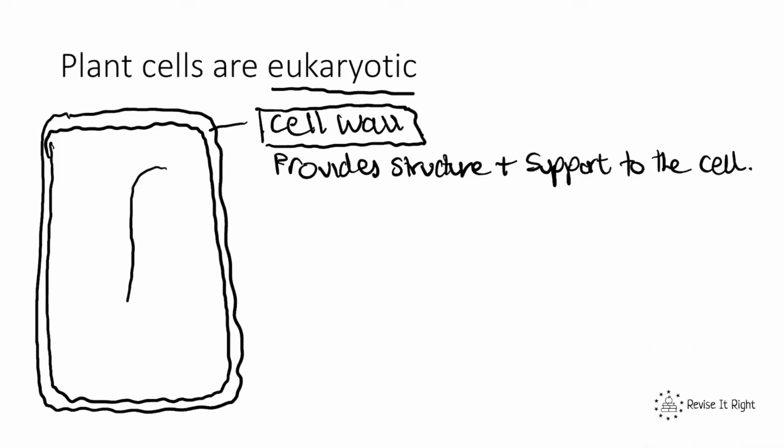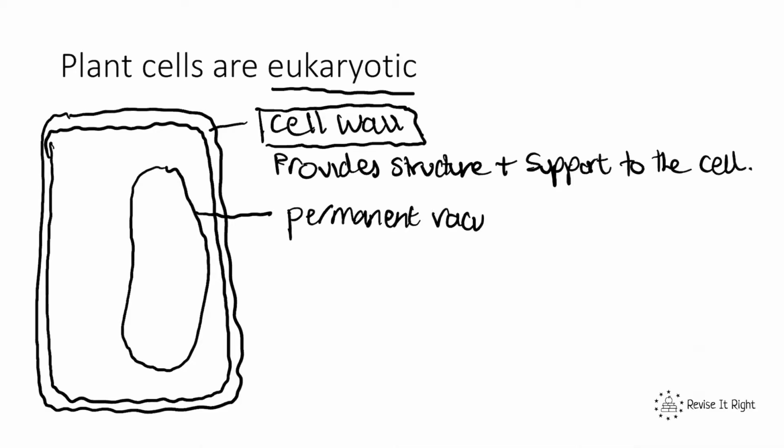Now I'm drawing this rather large structure here, and again this is something an animal cell does not have. We call it a permanent vacuole. So this here is a permanent vacuole.